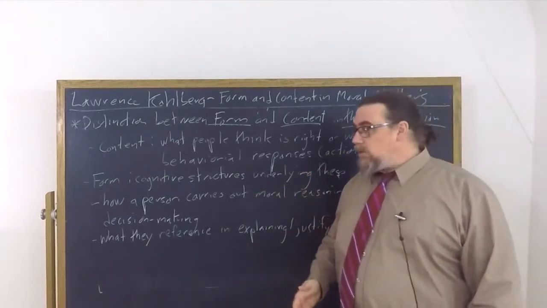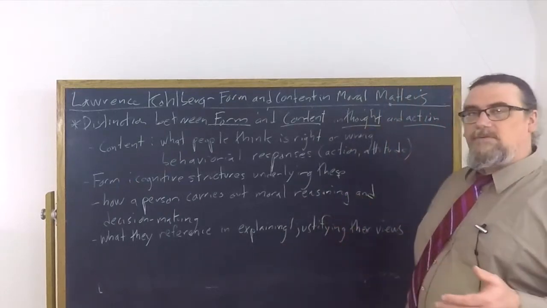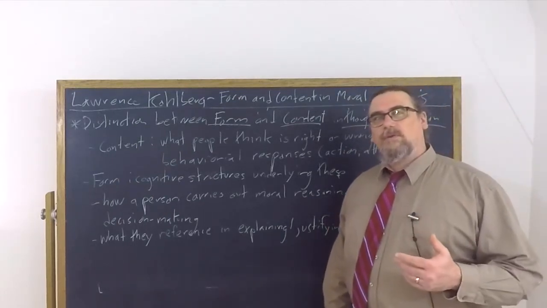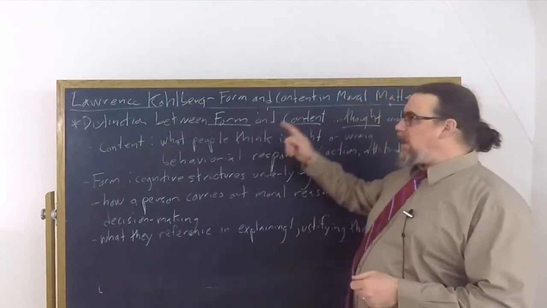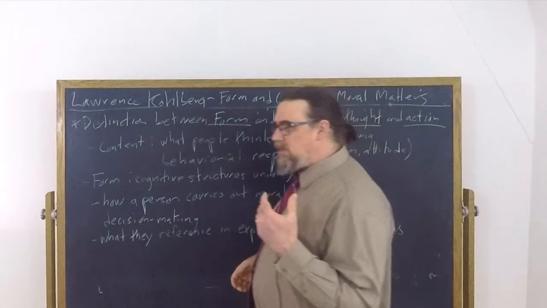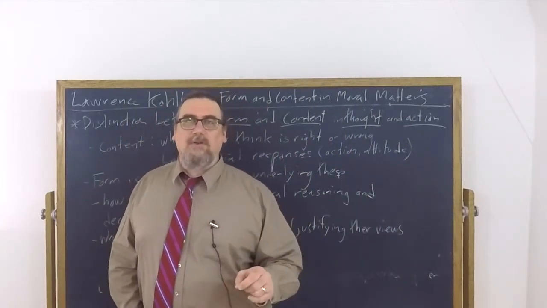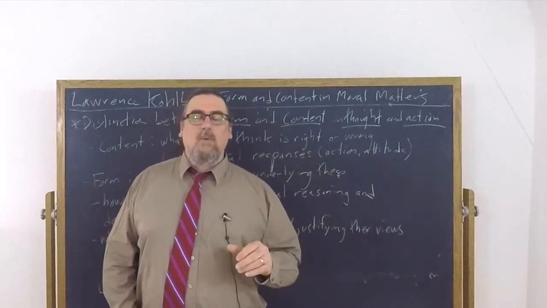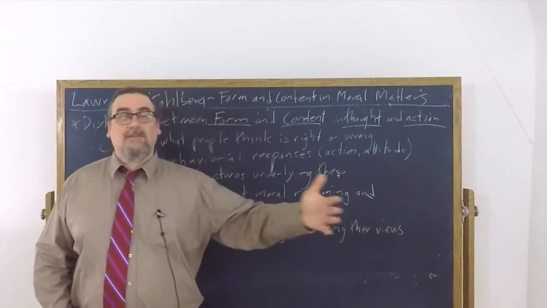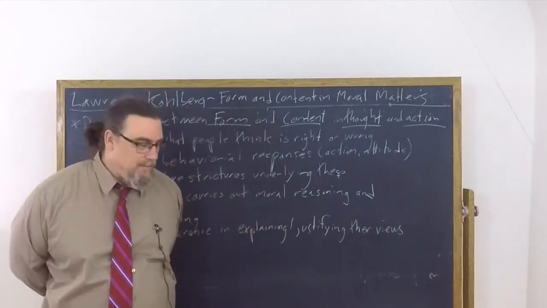It also includes what they are referencing in explaining or justifying their views. How they're taking the things that they value, how they're taking the things that they think matter or are right and wrong, how they're taking those into the situation and connecting them up with the ultimate need to say yes or no, right or wrong, do this, don't do that.